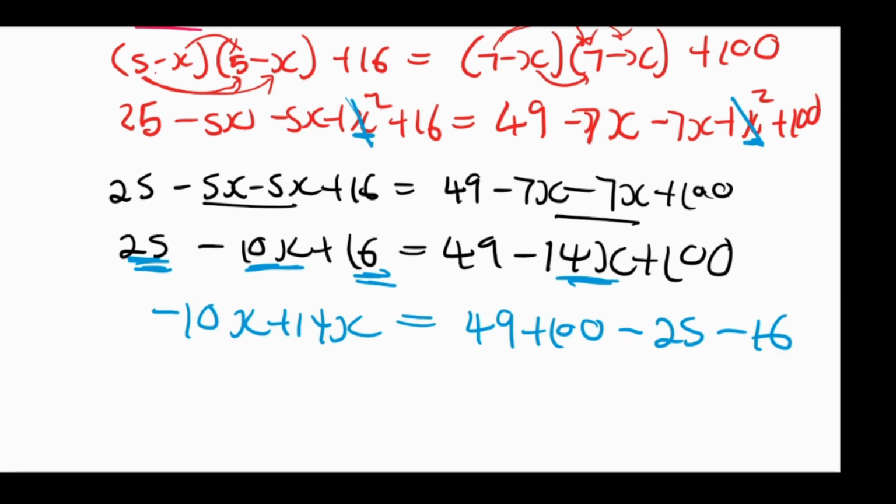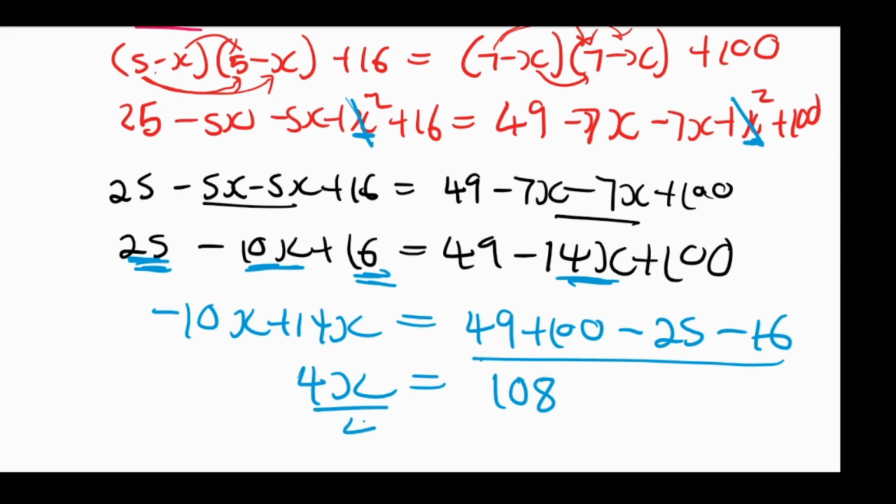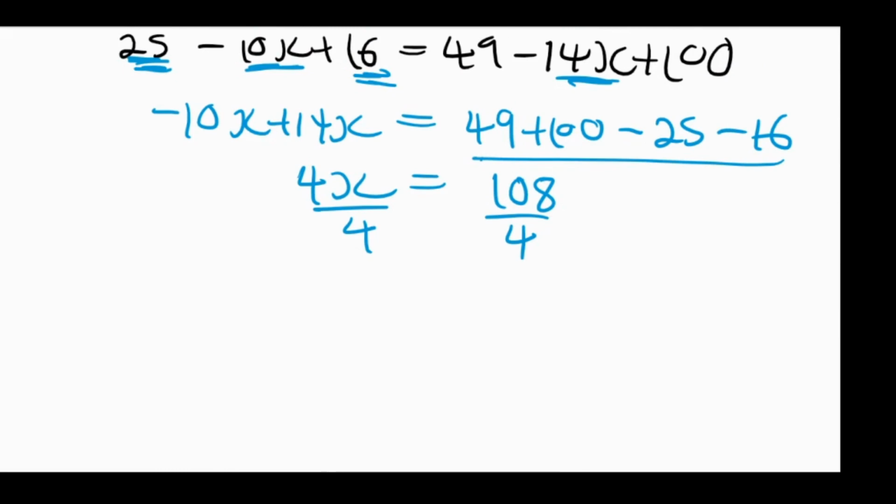So minus 10x plus 14x gives you 4x equals, adding the entire numbers here, 108, and then you divide by 4 on both sides. So your x value is equal to 27.